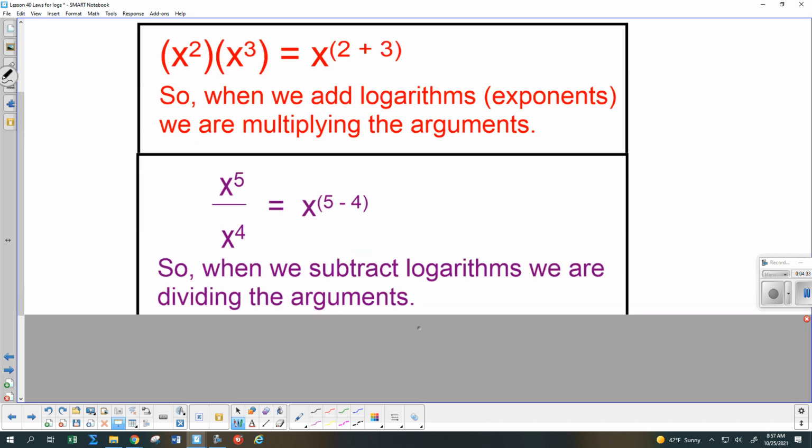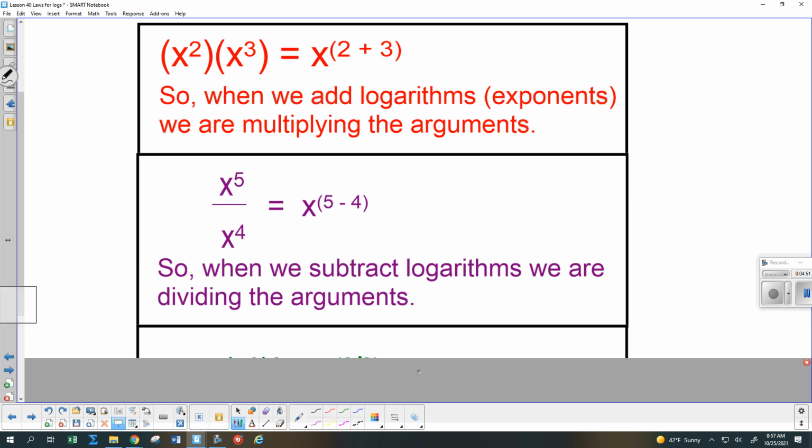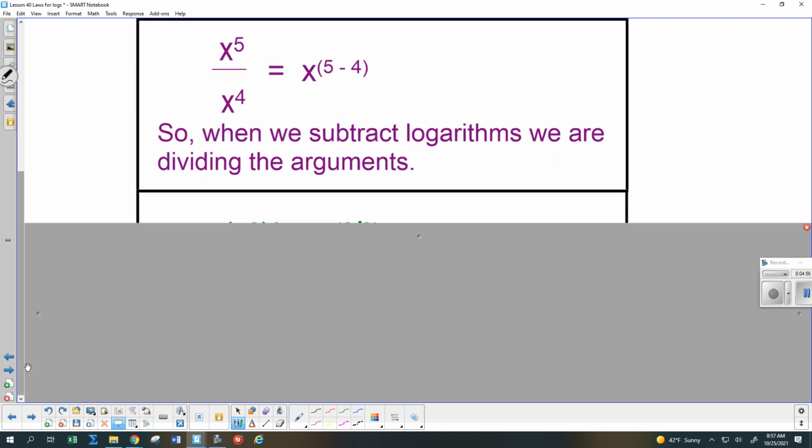We also remember that if we are subtracting the exponents, that was because we had a division of the arguments. So since the exponents are logs, if we are subtracting the logs, we need to divide the arguments. And we'll put these properties in log form on the next slide and into your formula list.